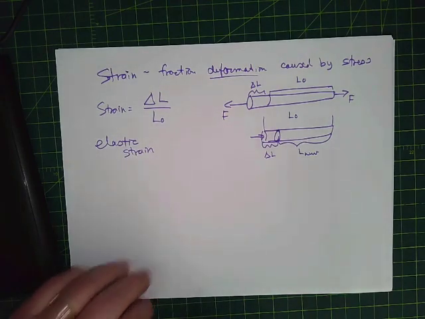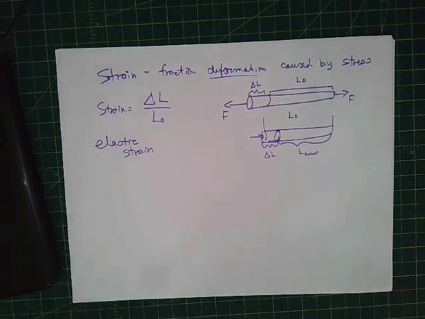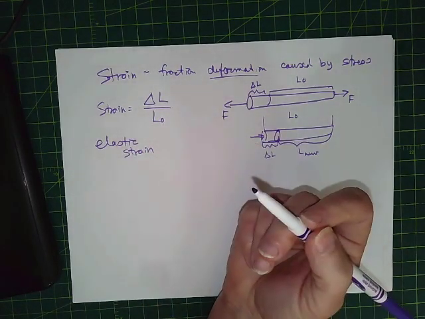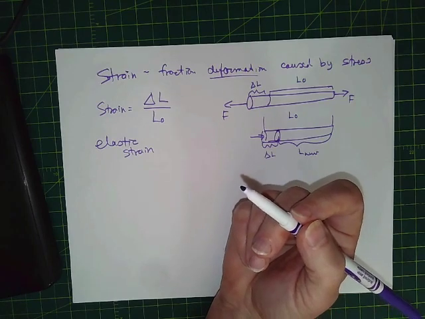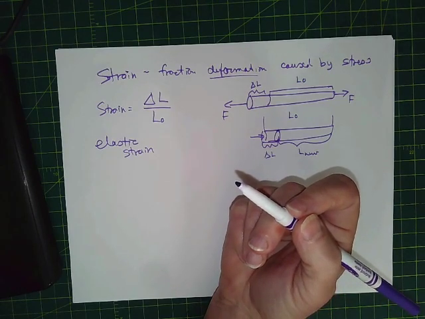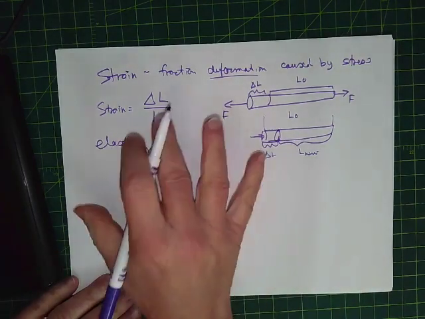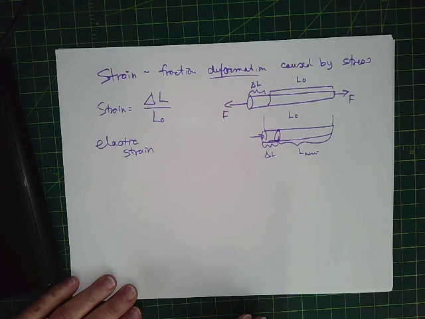How much is changed in length over the length. So again, no units, length over length, meters over meters. All right, so that's elastic strain, or strain from tensile or compressive forces.